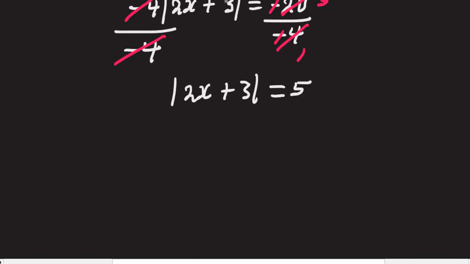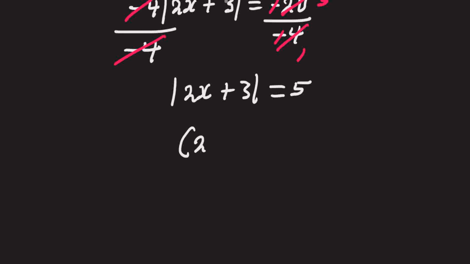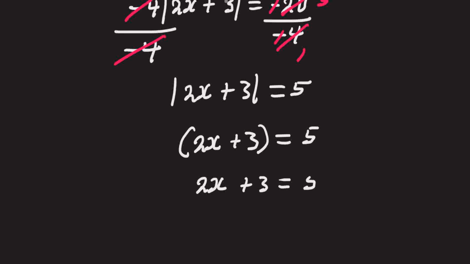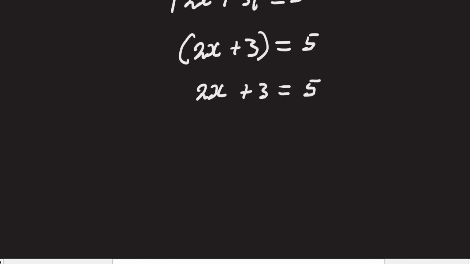And we can now place this in parentheses. So this becomes 2x plus 3 is equal to 5. And clear the parentheses. 2x plus 3 is equal to 5. Isolate 2x by subtracting 3 from both sides.